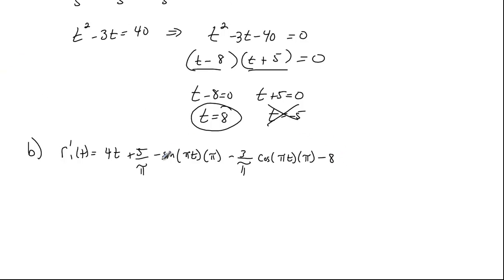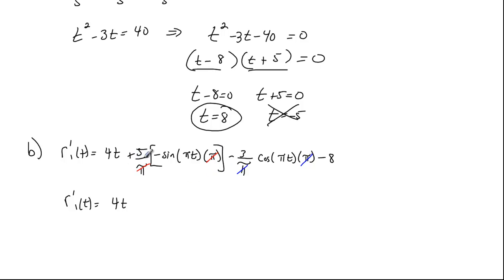Let us notice pi here cancels with pi here. Pi here cancels with a pi here. So this actually simplifies out very nicely. R prime of 1 in terms of t is equal to 4t plus 5 times the negative. I should have actually emphasized here, this should be times, so we didn't miss that.